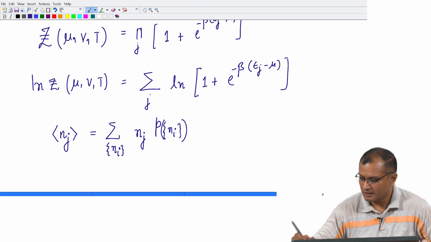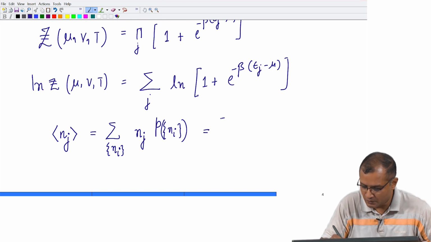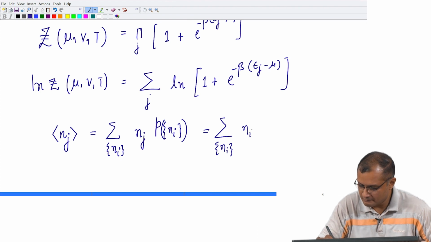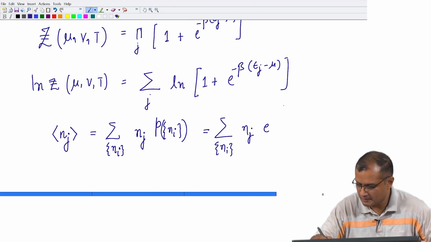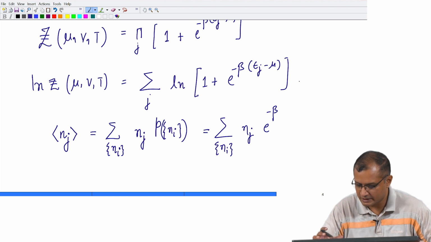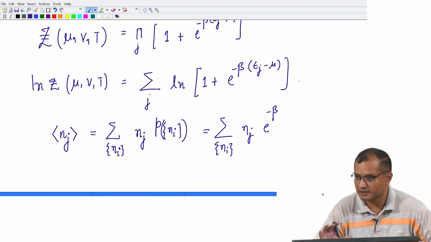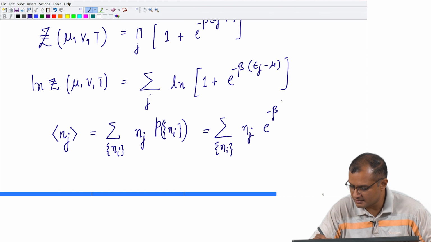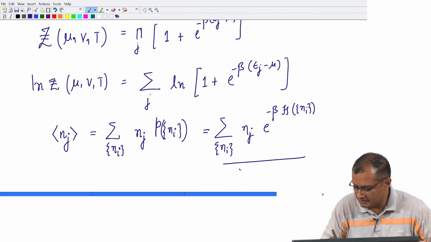And as before, the probability of finding a system in a microstate is given as the Boltzmann factor, e to the power minus beta times the Hamiltonian, divided by the partition function.